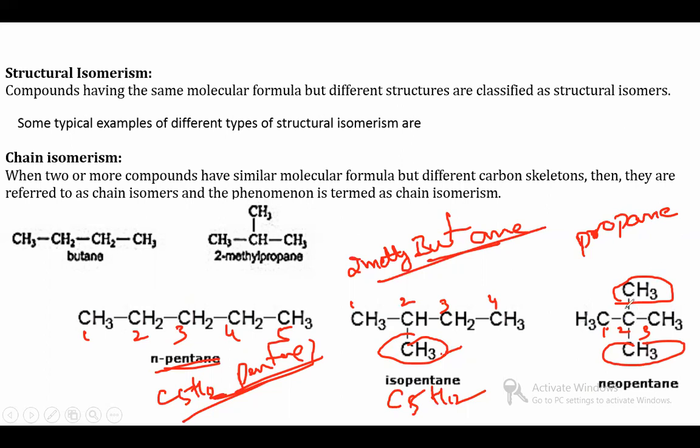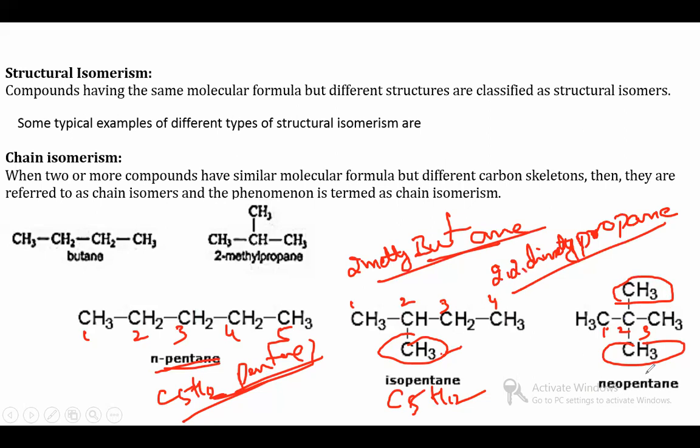The second carbon has two substituents, so you write the number 2, 2. How many methyl groups? Two, dimethyl. 2,2-dimethyl propane.